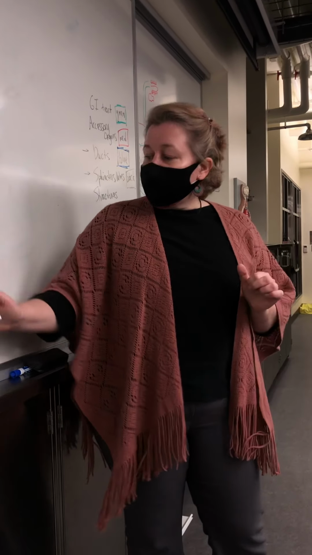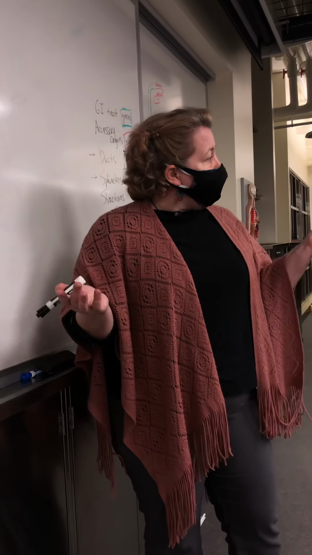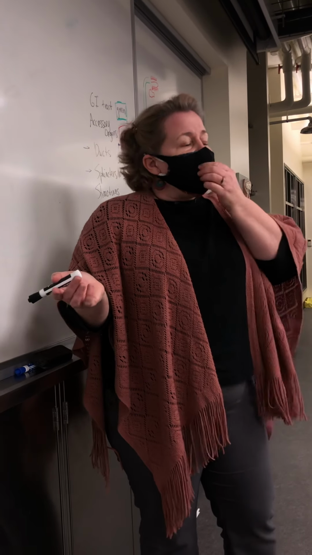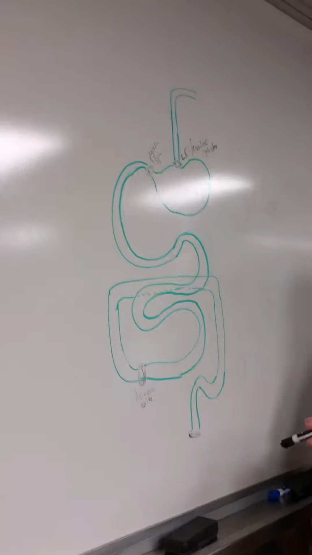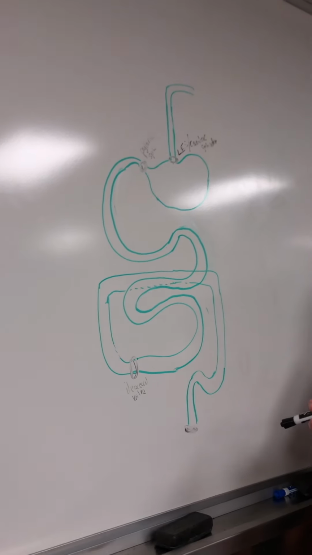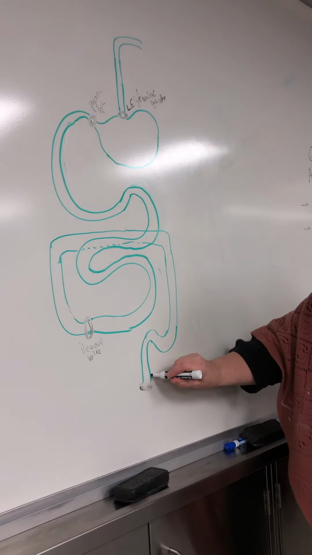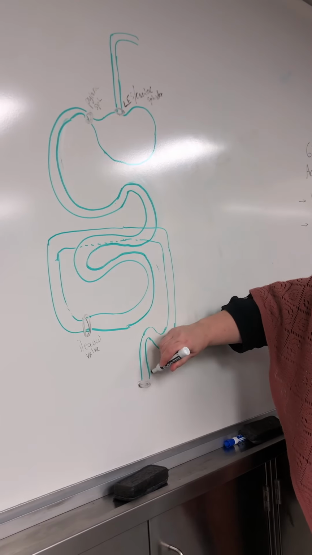And once your rectum is filled with waste product, filled with feces, you defecate. However, of course, we have voluntary control over when we defecate. So we have another set of muscles which surrounds it, and it's called the external anal sphincter.